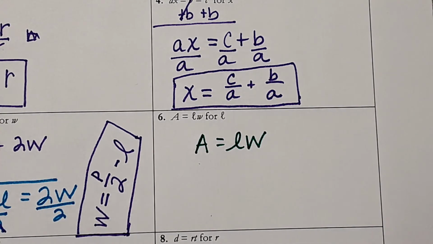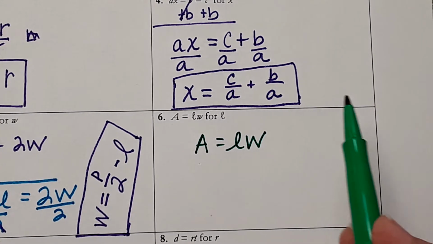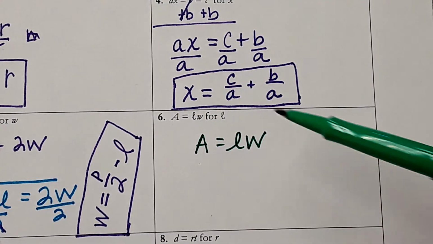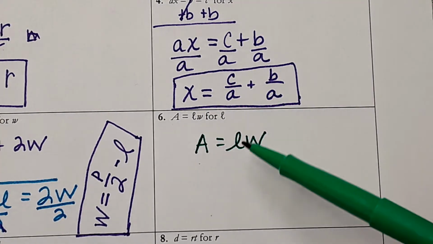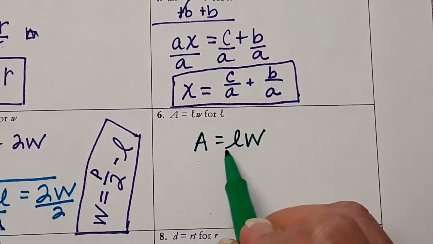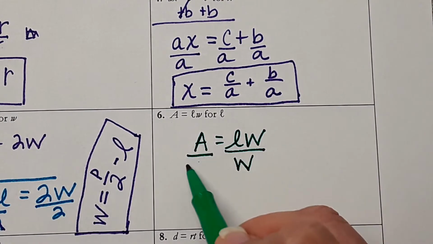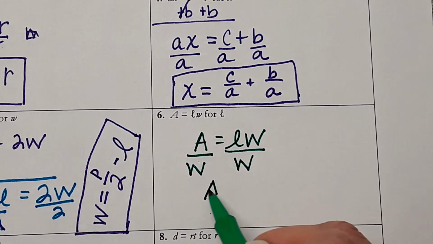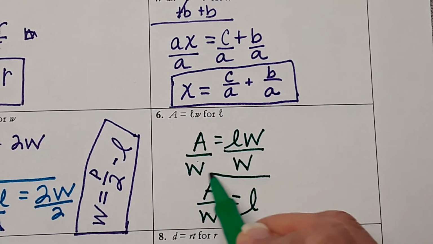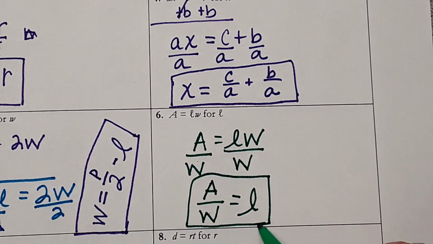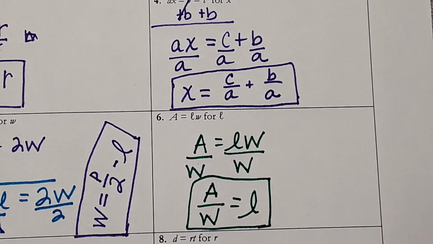So the inverse of multiplication is division. So what letter do I want to get by itself? I want to get the L by itself, so I'm going to divide by W. So A over W equals L. That's what we call a one-step literal equation because it took us 1 step to get the variable by itself.